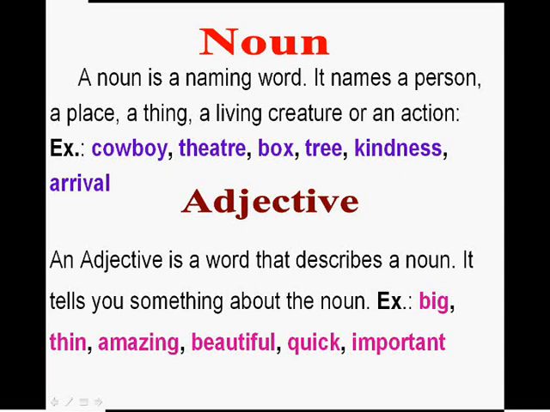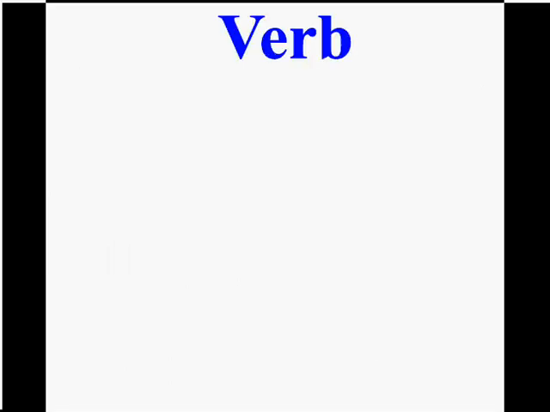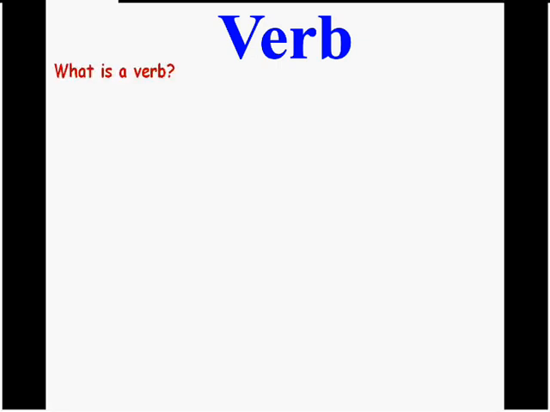So now I gave you examples of verbs, adverbs, nouns, and adjectives. Let's look closely at verbs. What is a verb? This is the question. We are going to look very closely at verbs and see what we have there.